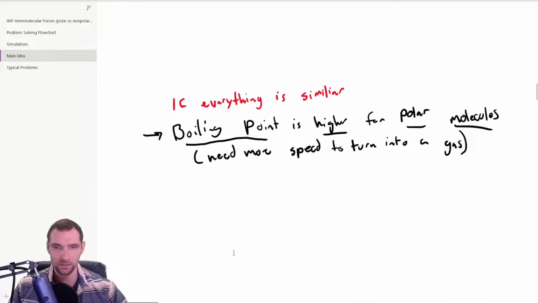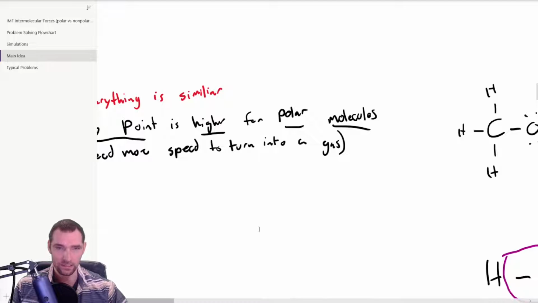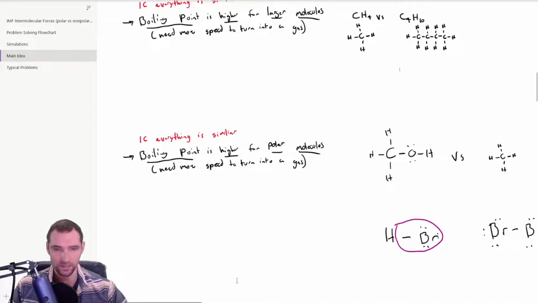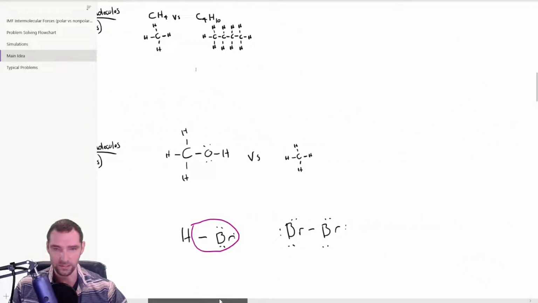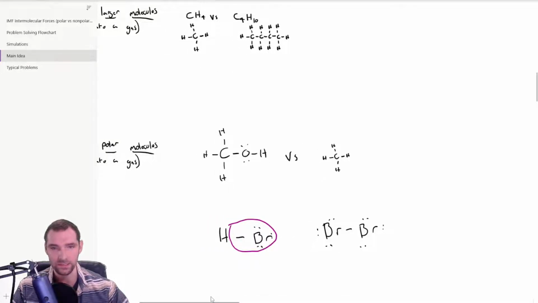So if we're talking about a difference in polarity, where they're similar sizes, they've got similar molar masses, the molecules weigh a similar amount, but they have different atoms in there, we want to think about the polarity. If something's polar, it's going to need more energy to overcome those stronger interactions. Remember, this is going to have that partial negative charge, and some partial positives as well.